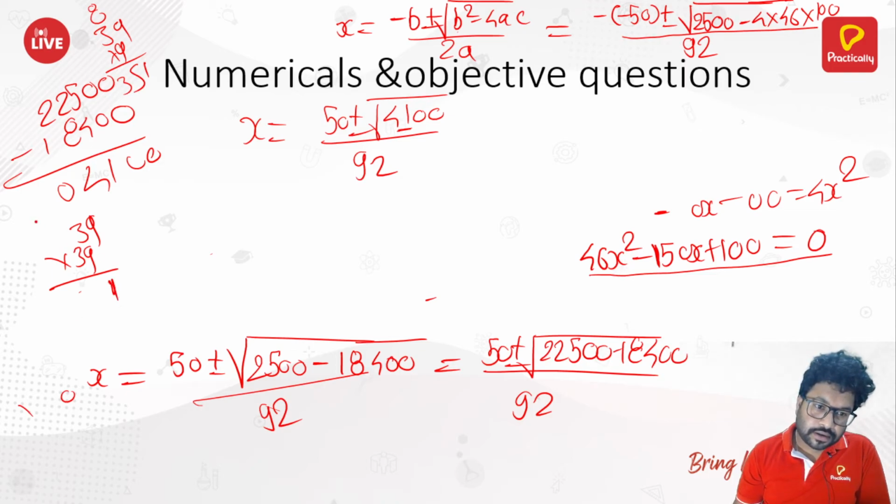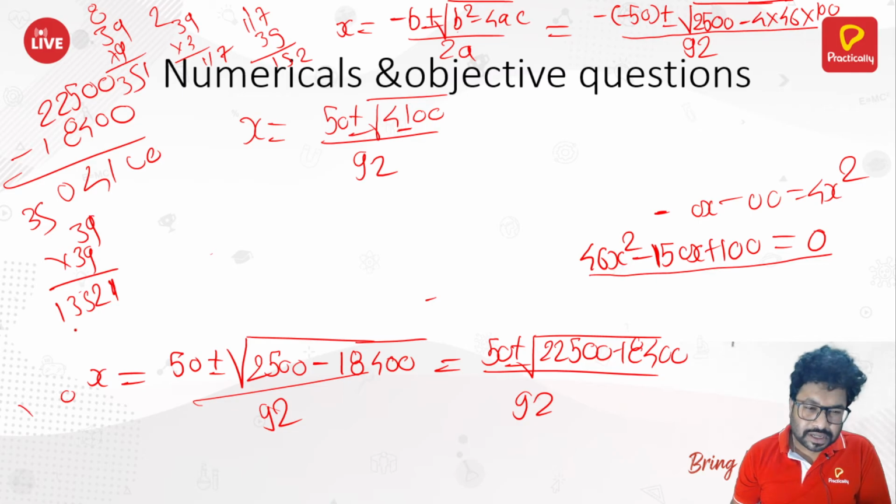So you get 1, 35. 39 threes are, again I don't know. 9 threes are 27, 7 carry 2. 3 threes are 9. 9 plus 2, 11. 117. 117 plus 35. No, this must be wrong.